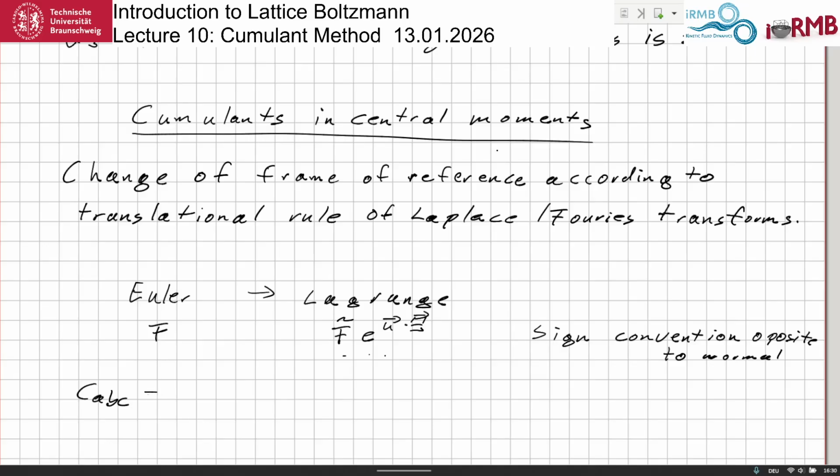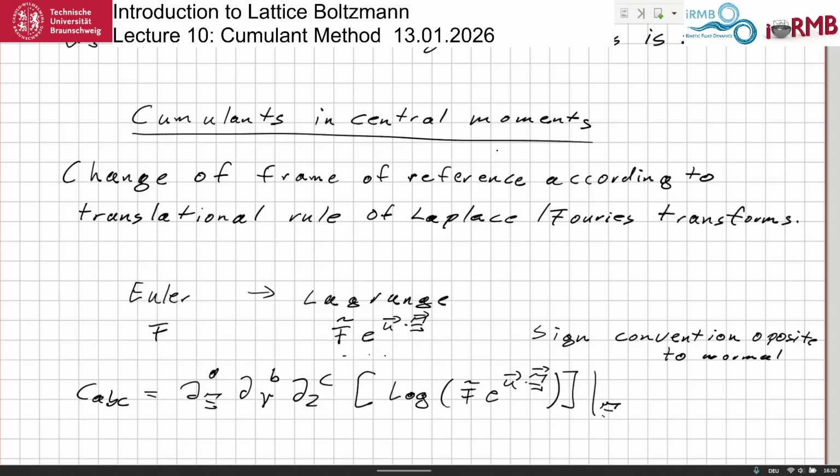What does this mean for the cumulants? If we have the definition of the cumulants, let's take the logarithm of f times e to the u times xi, at xi equal to 0. Because it's the logarithm, I can put this into a sum.